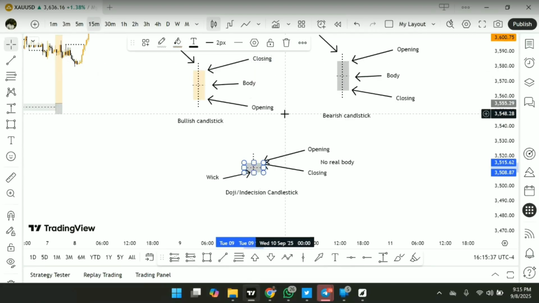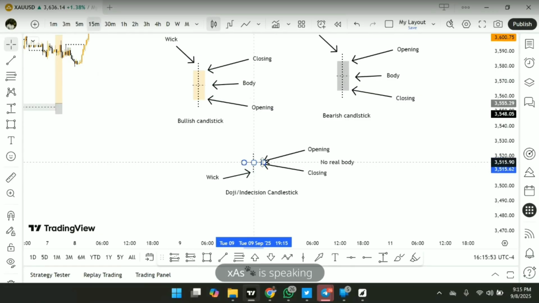So a bullish and a bearish candlestick happen within this one candlestick. Both the buyers and the sellers were not okay with this price, so everyone decided to settle at this current price you're seeing. So this candlestick is what we call a doji, or an indecision candlestick.